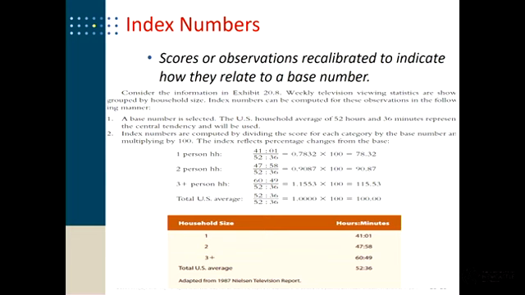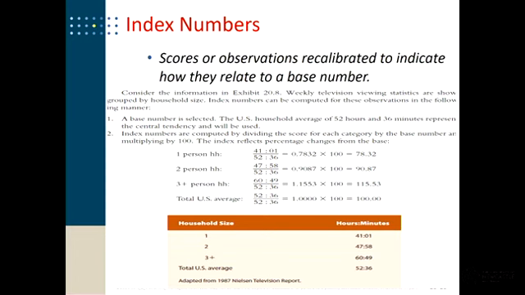For example, 3+ person households is 115.53 and the US average is 100. So what can we say? 3+ person households watch television 15% more than the US average. Can you say this or not?